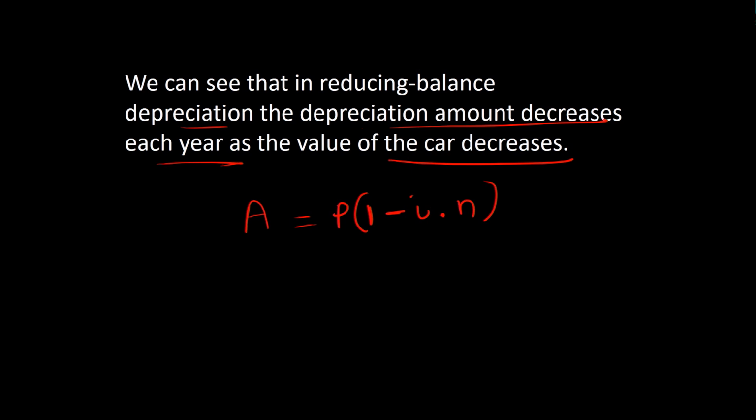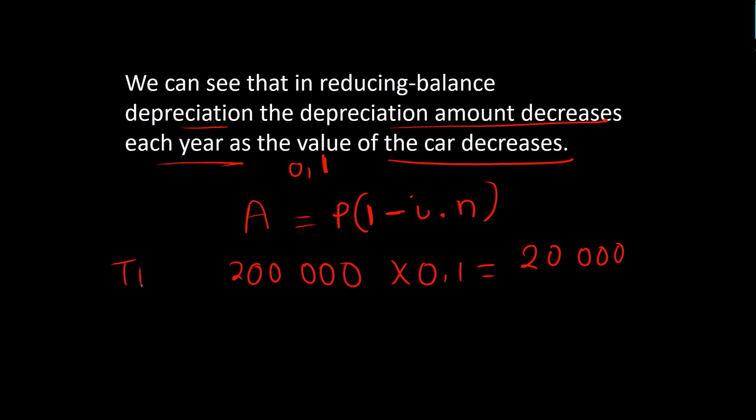So if we had a car that was 200,000 Rand and it was 10% per annum on straight line depreciation, each year over 3 years, your depreciation amount will be what? It would be 20,000 Rand each and every year.